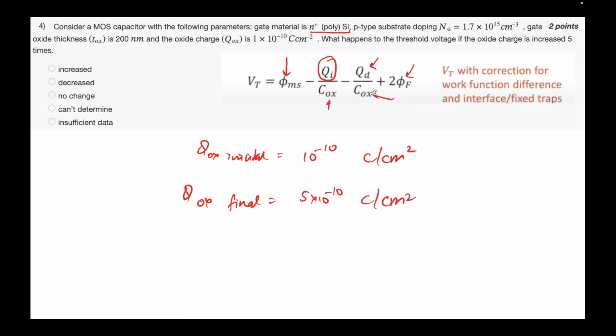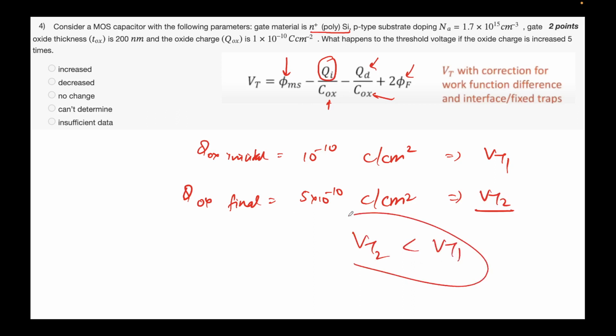All the things are remaining the same. So whatever VT1 that you are getting here, let's say you are getting some VT2 here, you can clearly see this negative term will be higher for VT2, correct? So VT2 will be less than VT1, or in other terms what we are seeing is a shift to the left. So let's draw it in terms of the CV diagrams.